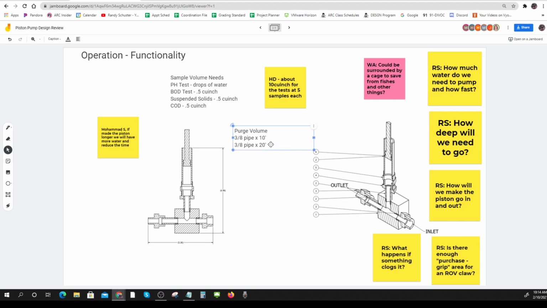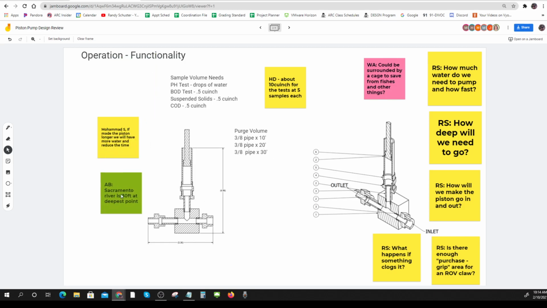So let's do one more. Somebody go and type in the volumes there. 3/8 pipe. Somebody go in and just give me those purge volumes. 30, okay, so good.